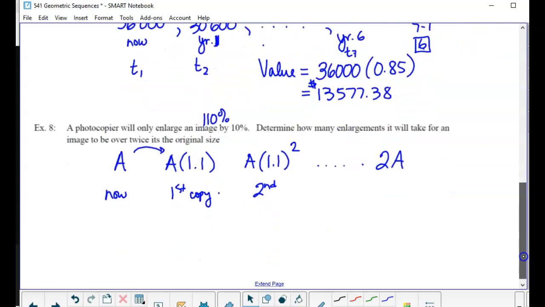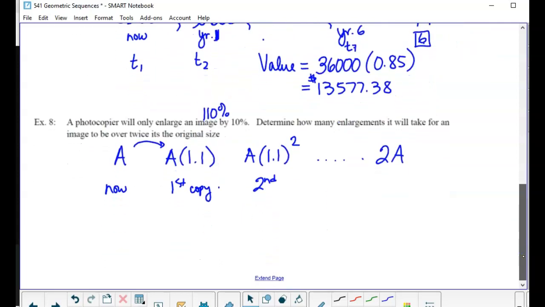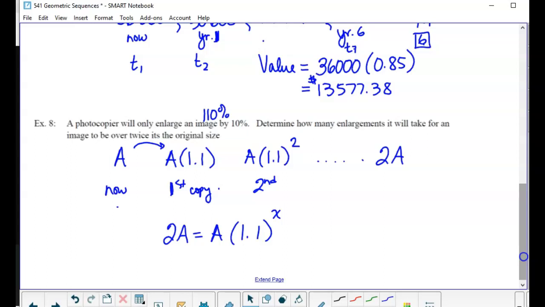And so now we want to keep going until we get twice the area. So how do we figure that out? We are starting with the area, and we're multiplying by 1.1, and we want to know, I'm going to call it x. You could call it n, although again, it doesn't match up. N's normally start with term 1, n equaling 1 here.